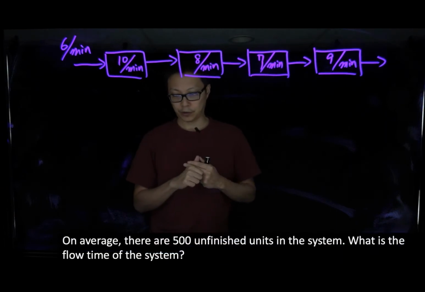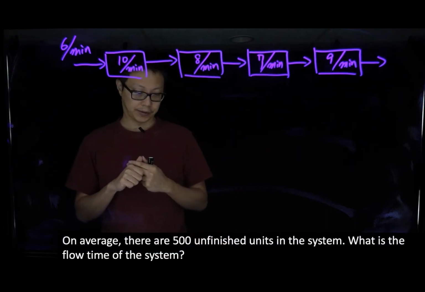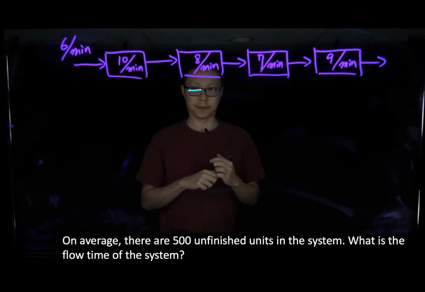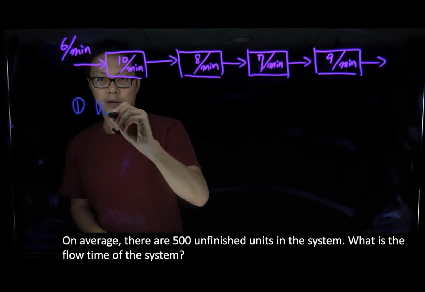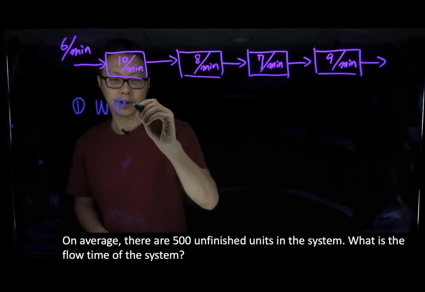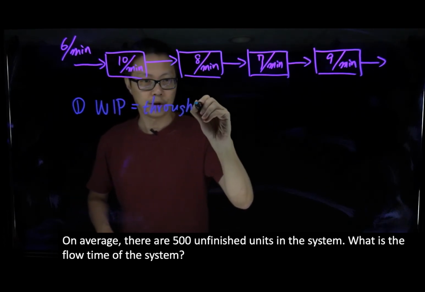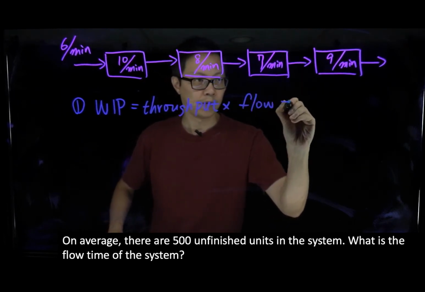In the first question, it says that on average, there are 500 unfinished units in the system. What is the flow time of the system? Based on Little's Law, the work in process is equal to the throughput times the flow time.